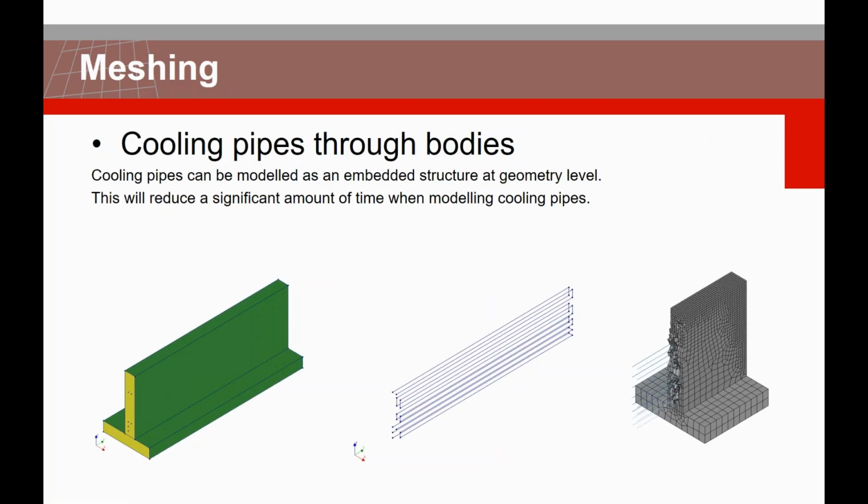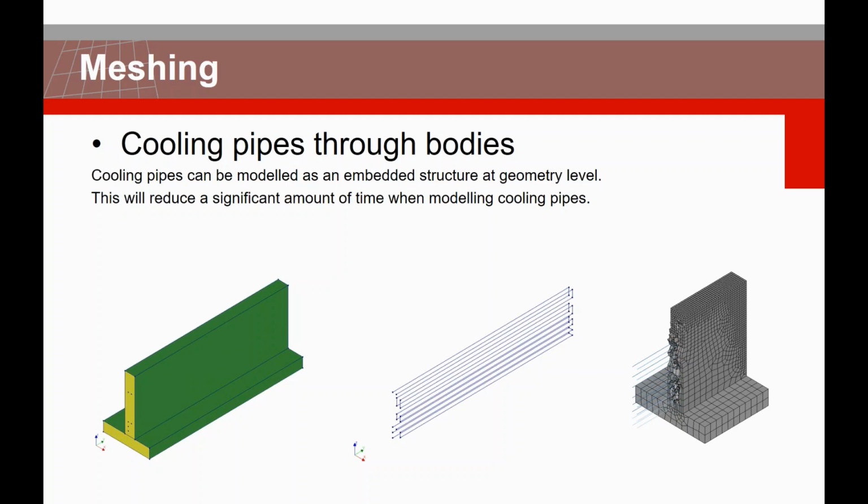In terms of speeding up the modeling process, we have improved the modeling strategy for cooling pipes. That means you can model the cooling pipes in the geometry model as a kind of embedded process. Therefore, you don't need to worry at the geometry level about any discretization of your model in terms of the plane strain or solid associated with your cooling pipe.